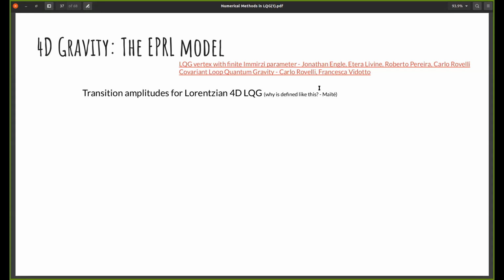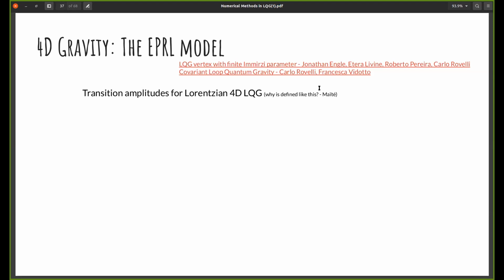I'll try to give you as much definition as possible without deriving everything from scratch, because 1 hour will not be enough to do it, and also because Maite technically did it. I was here, so I know that she went pretty fast. So maybe not all of you have cleared the construction, but I'll try to give you the smallest amount of math that you need to understand what I'm computing.